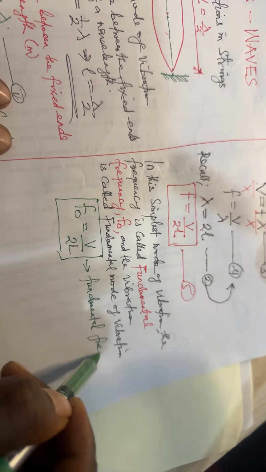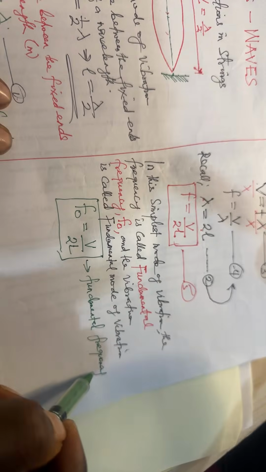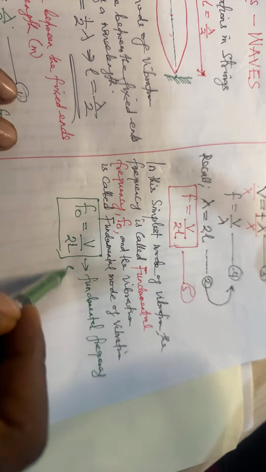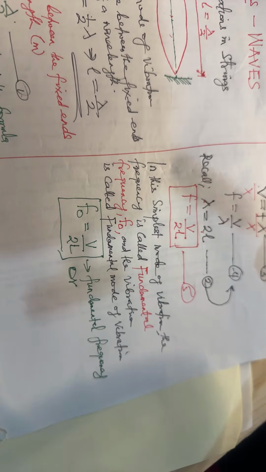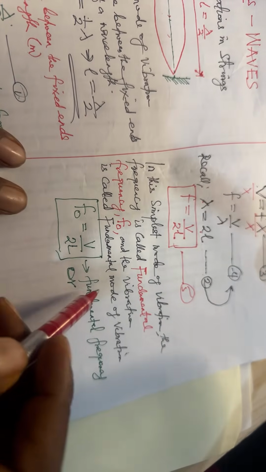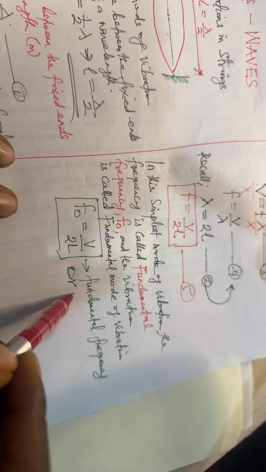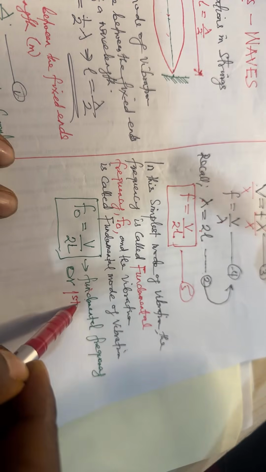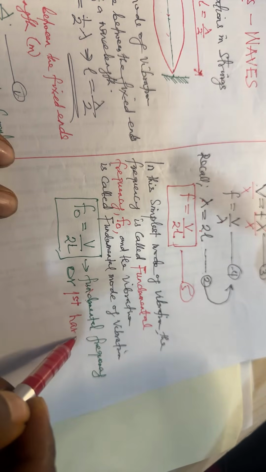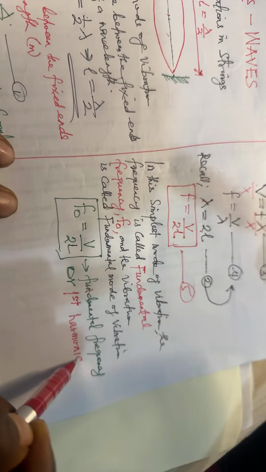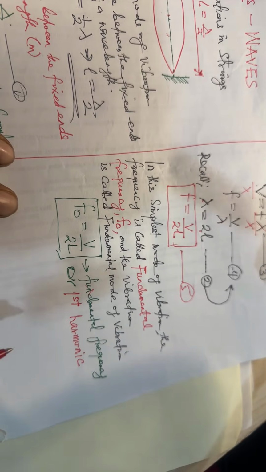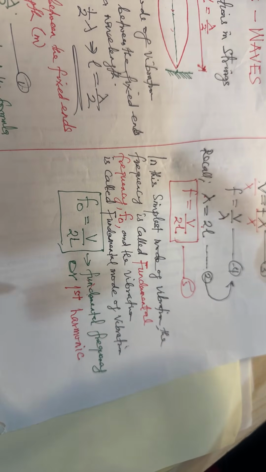Some textbooks, instead of calling it fundamental frequency, will call it first harmonic. For some of you who were with me on TikTok a few minutes ago, remember when I mentioned first three harmonics? So you can see where that came up.